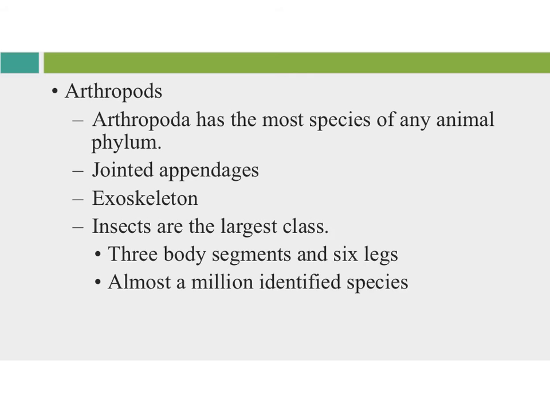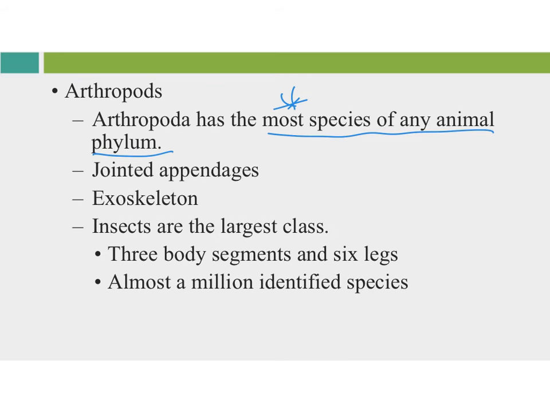If you'll go with me to page 203, the phylum Arthropoda, which is arthropods, has the most species of any animal phylum. That's important. The most species of any animal phylum.